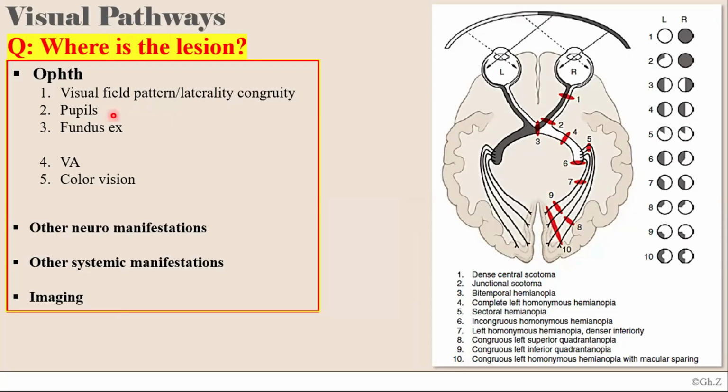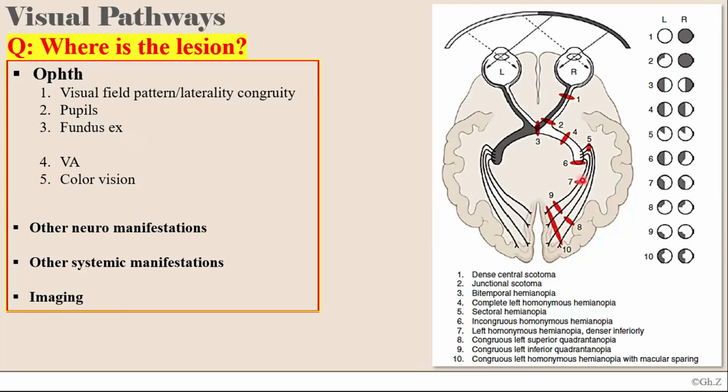Just to recap pupils examination, because if we have a lesion before the lateral geniculate body, pupils are affected. But from the lateral geniculate body all the way up to the occipital cortex, pupil examination is normal. Fundus examination, there is no optic atrophy, generally speaking, after the lateral geniculate body.